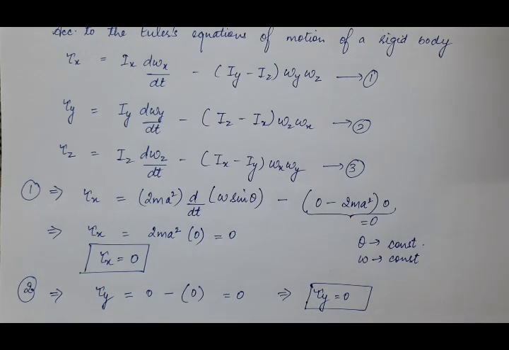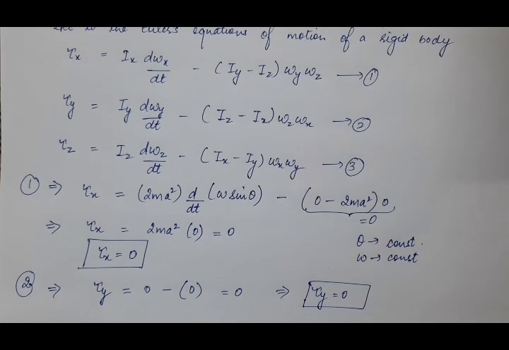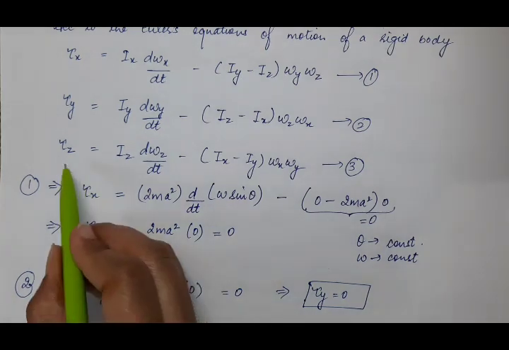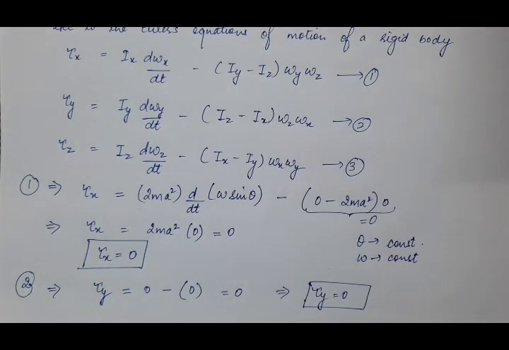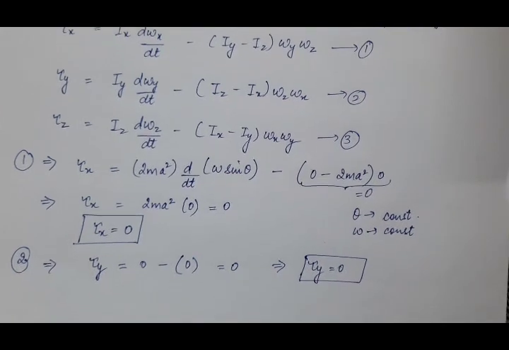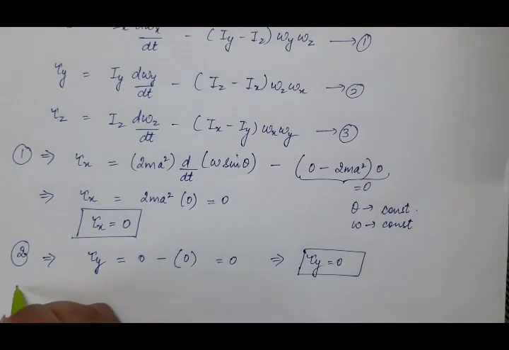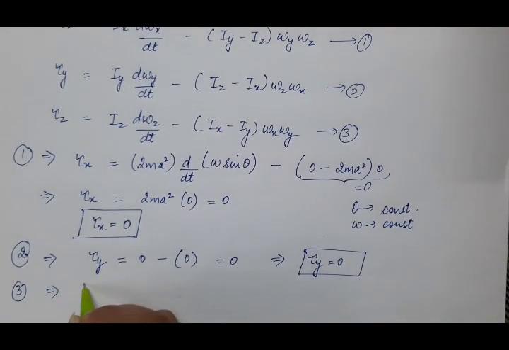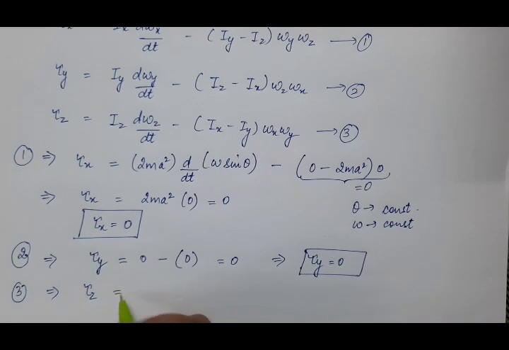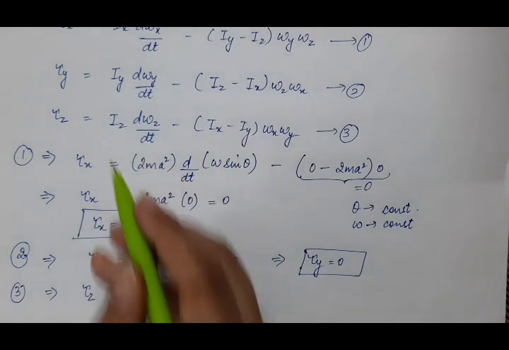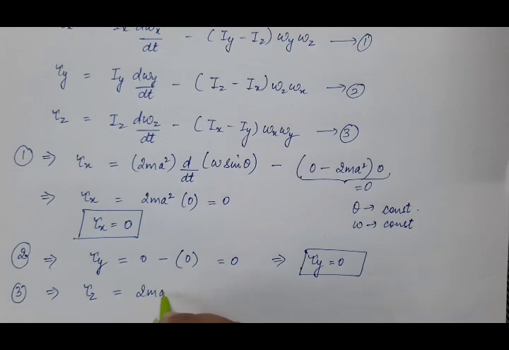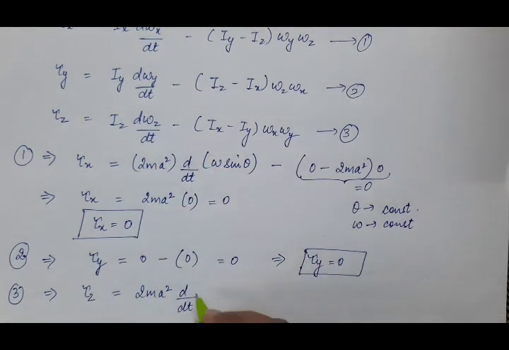And what about the z component of torque? For that, put all the values in the third Euler equation of motion of a rigid body. So this third equation will give us the z component of torque, and it is equal to, the value of Iz is 2ma square d by dt of, now this omega z is 0.